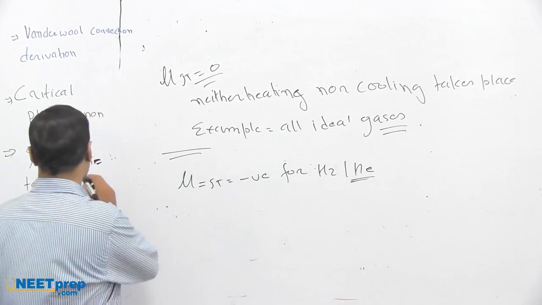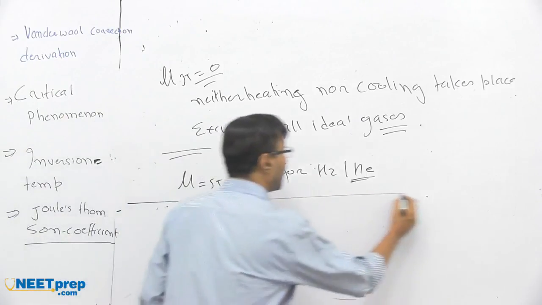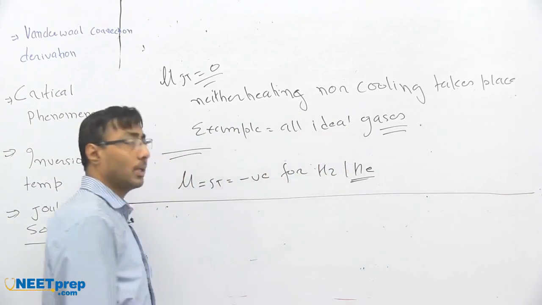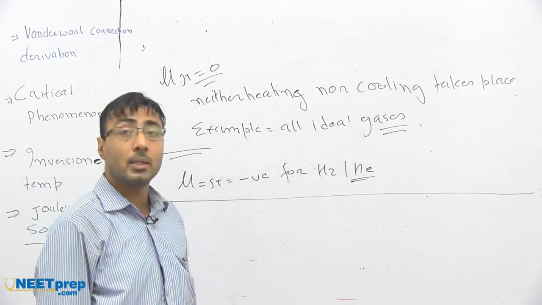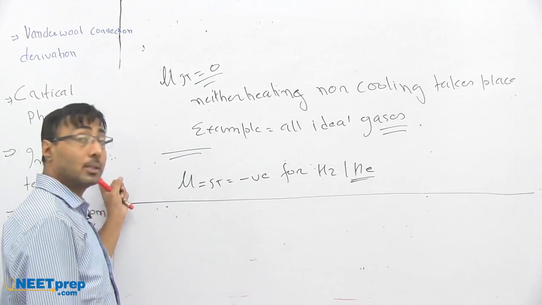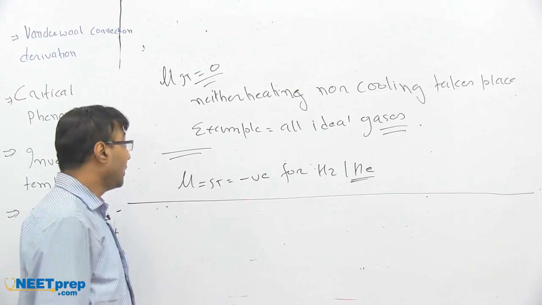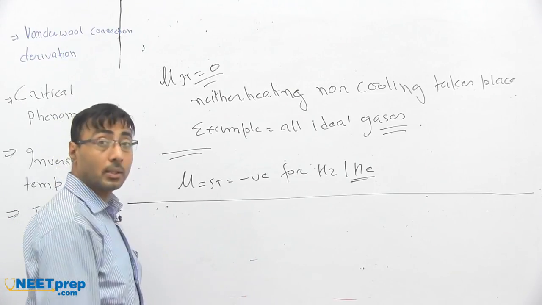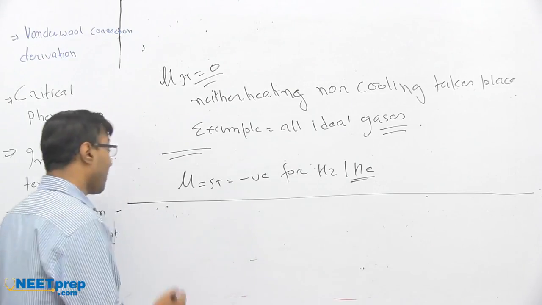One more part is there, inversion temperature. Actually these things are not directly in the syllabus. They have given it in indirect form. You have to read inversion temperature and other things in the thermodynamics of physics. But here also we are having a glimpse of all these things.